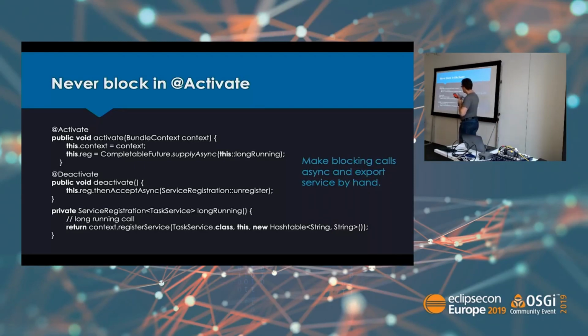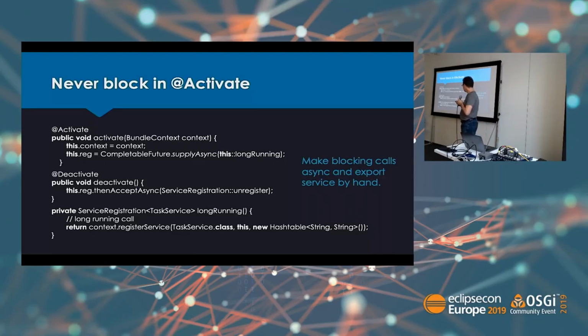So I used a completable future, and I supply async this long-running task. This is here in a method, and then I do something, and in the end I register the service of my component. This way the service of my component only comes up when my initialization is really done, independently of how long it takes.